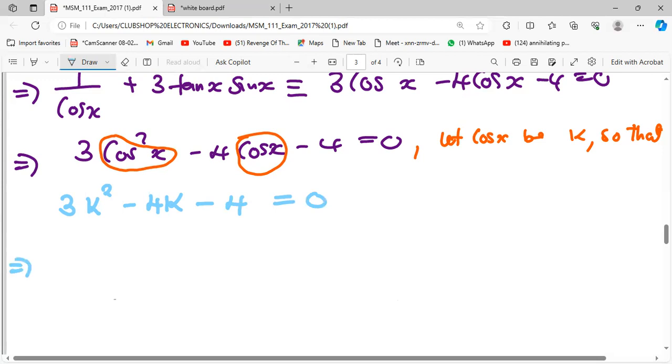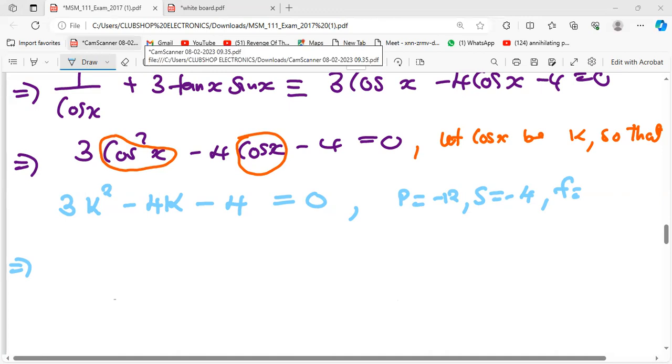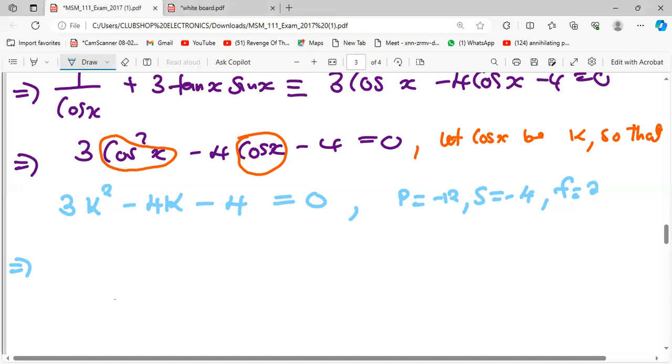So we can solve this by factorization, where we find the product and the factors. We need to identify the factors. So the factors that will give us negative 12 in product and negative 4 when we add are 2 and negative 6.